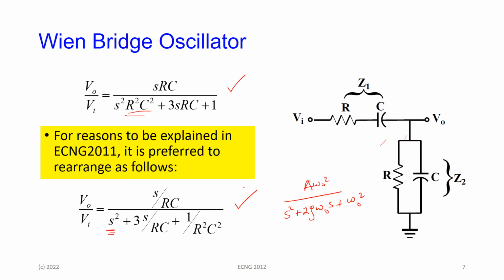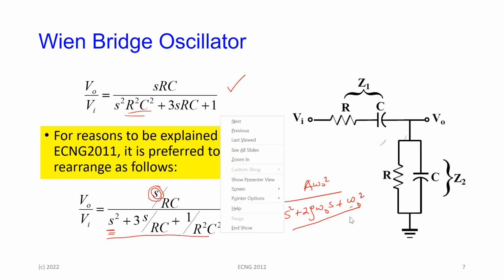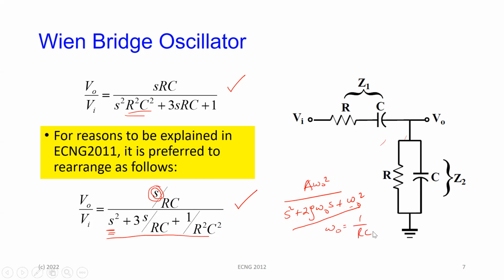Notice again, there's a little difference here because this transfer function has a zero. The one that we did this morning didn't. But if you look at the denominator, the form of the denominator is similar to what we did before. And the omega naught squared is still 1 over RC squared. So even from what we did this morning in signals, you could see that omega naught is 1 over RC. Yeah? And if you substitute it, you could get some of the behavior here.